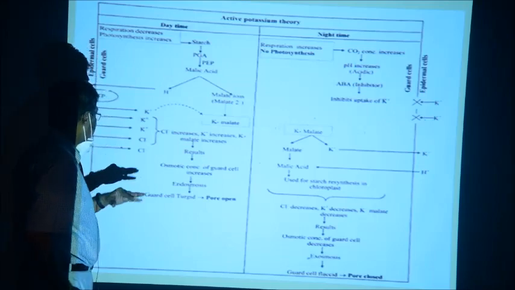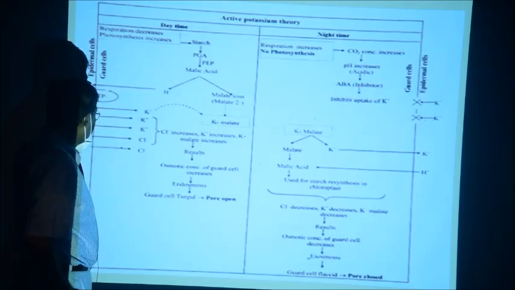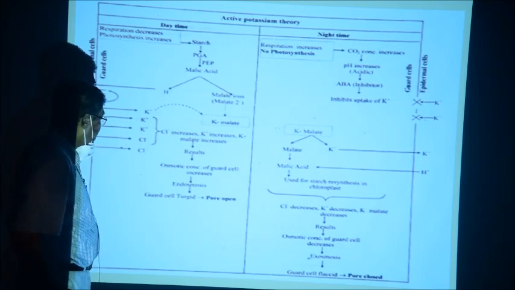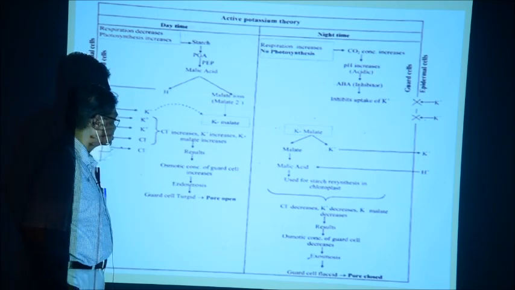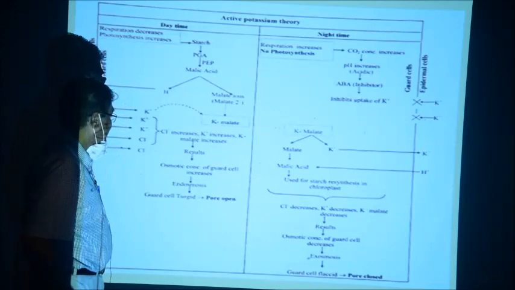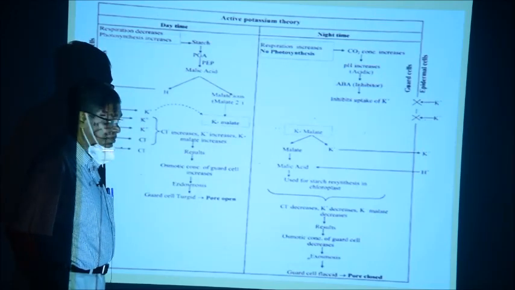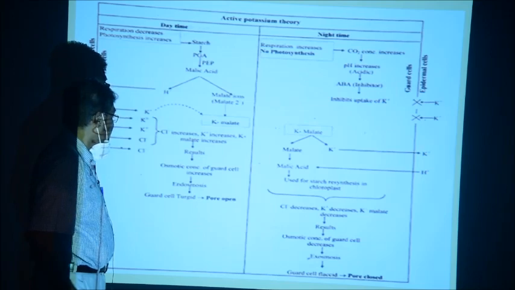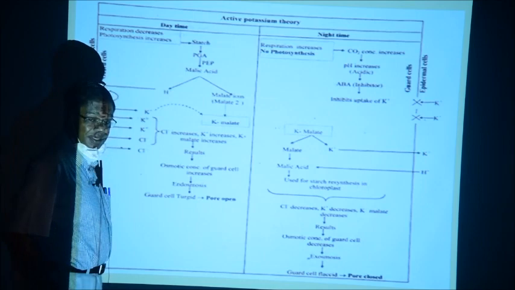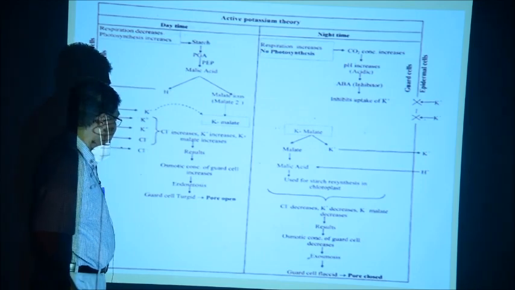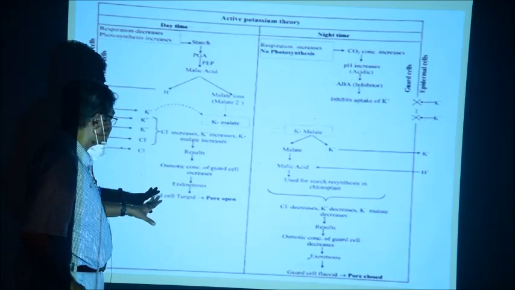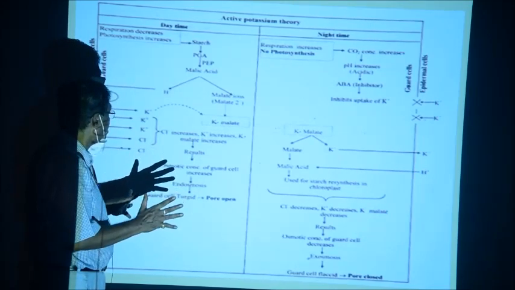Now, there is exchange of ions with the expense of energy from ATP. Now, increase in potassium ion concentration results in osmotic concentration of guard cells, and there is endosmosis and guard cells become turgid and stomata opens.